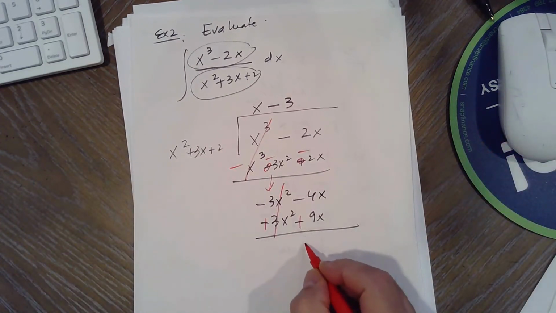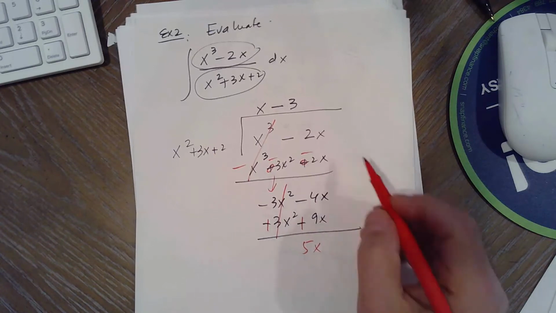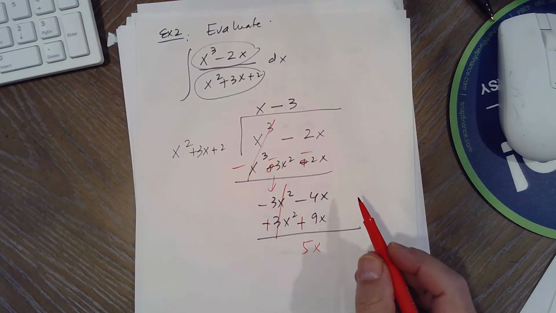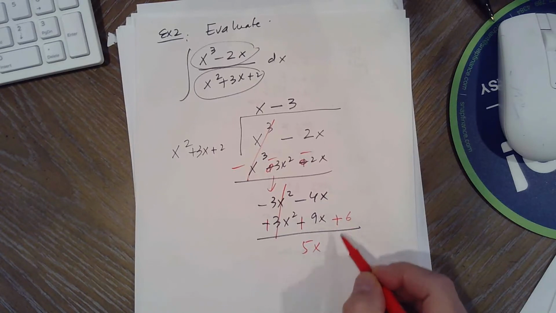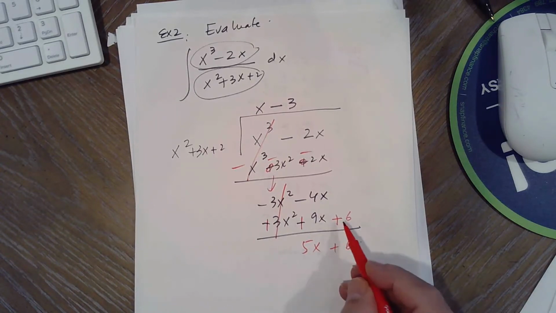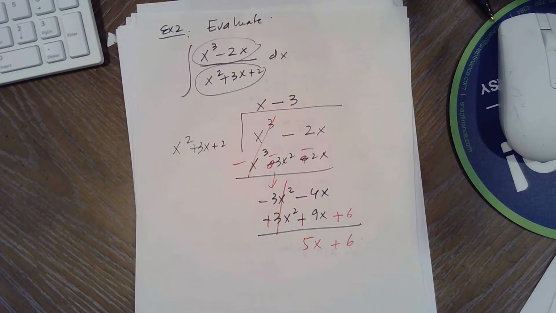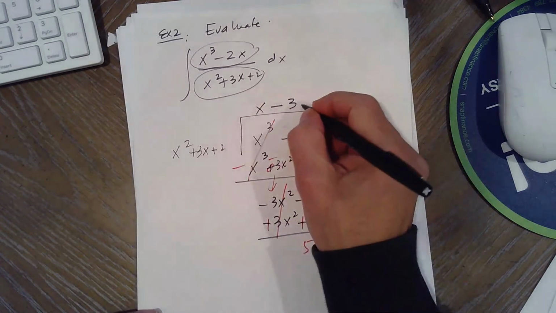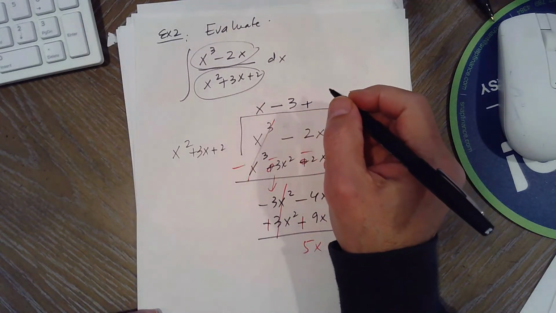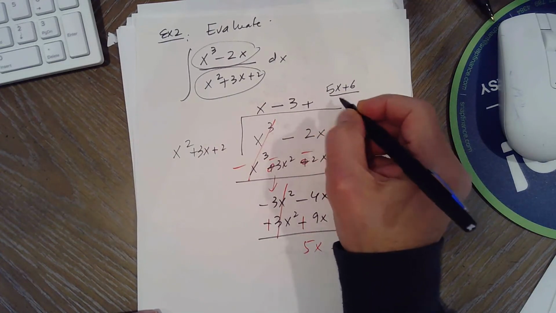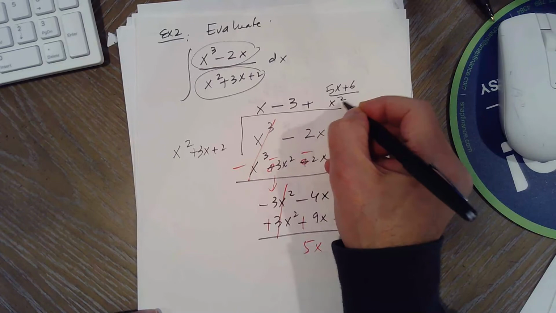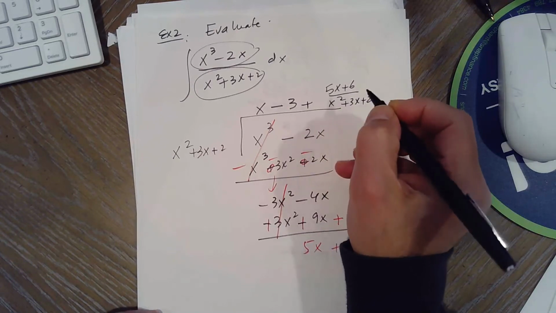Plus, so it's 5x and then minus 6 here, so it's plus 6. So this is x minus 3 plus 5x plus 6 over x squared plus 3x plus 2.